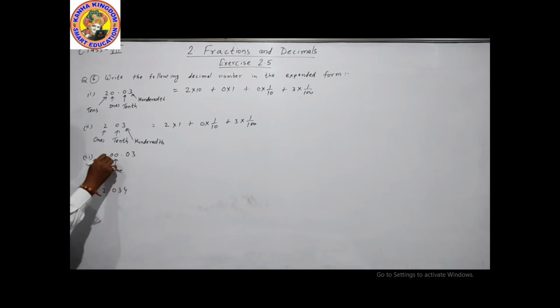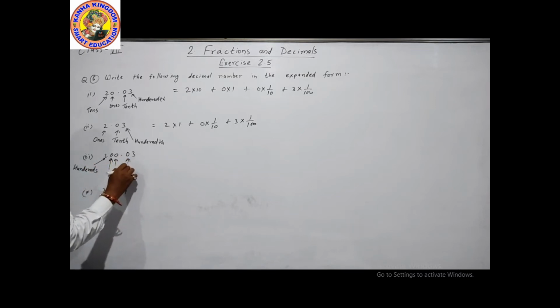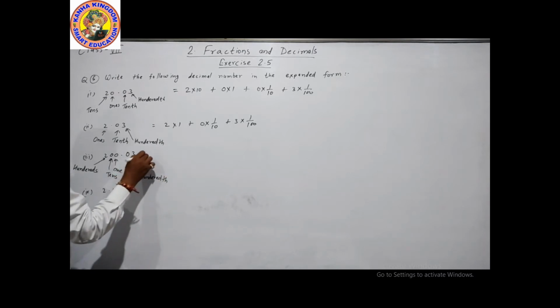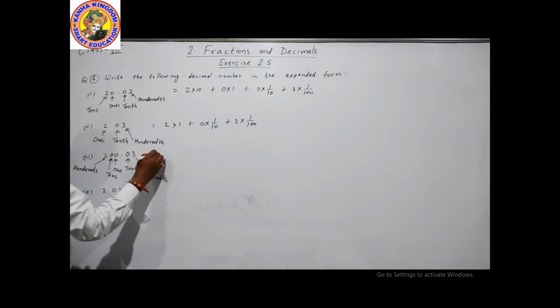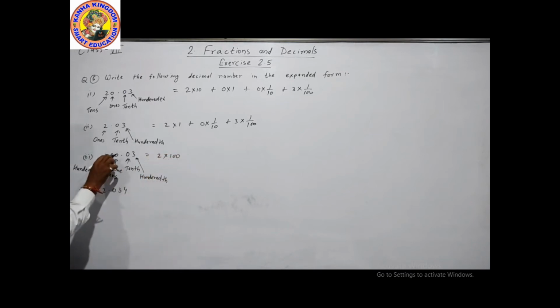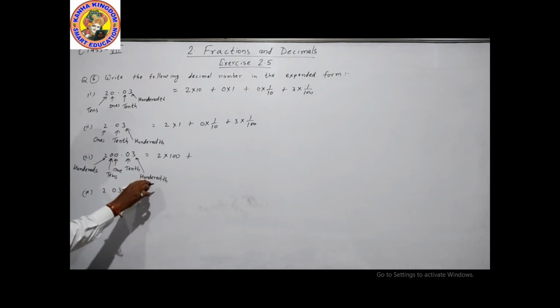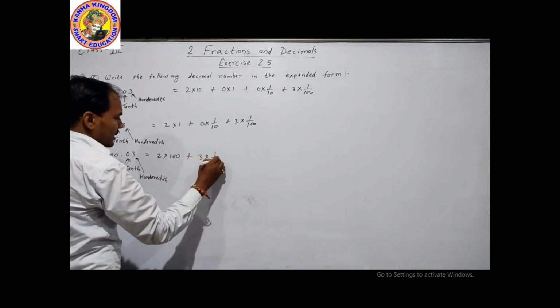Next, this is our ones, tens, hundreds, tenth, hundredth. Now 2 into 100. Next is 0 into 10, 0 into 1. You can leave these. 0 into 1 by 10, you can leave this. 3 into 1 by 100.